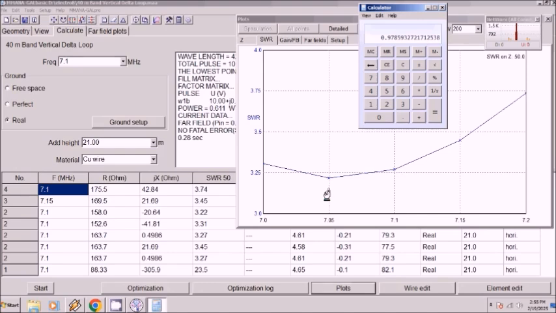How about the SWR at the frequency of 7 megahertz? We see here the SWR is around 3.25. This is 3.5, so this should be 3.3. Open the calculator: 3.3 divided by 3.27.